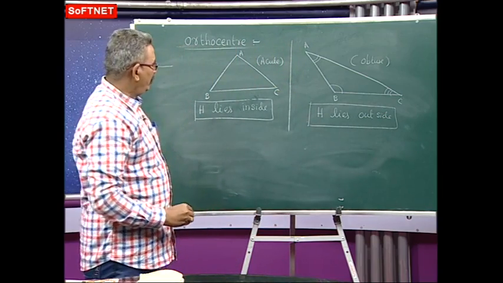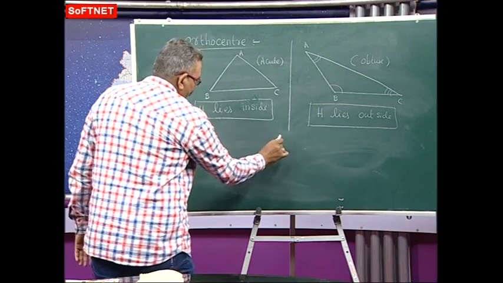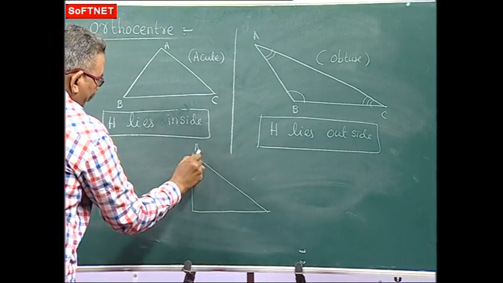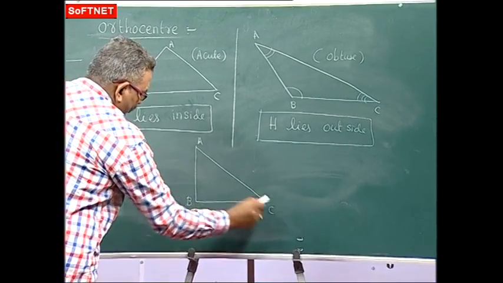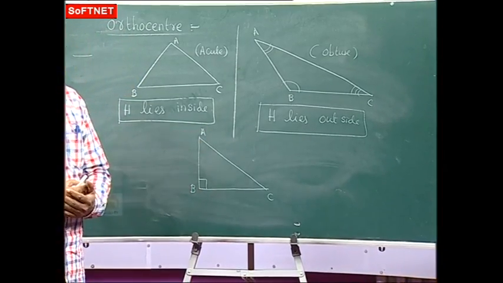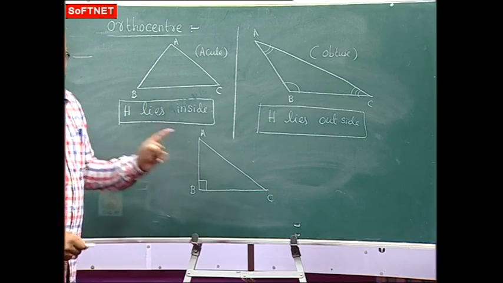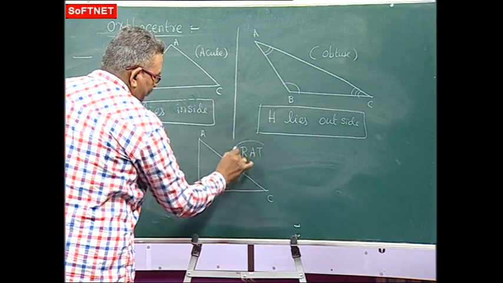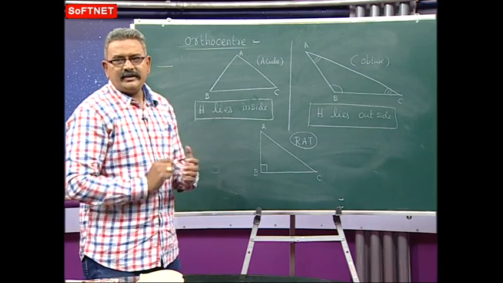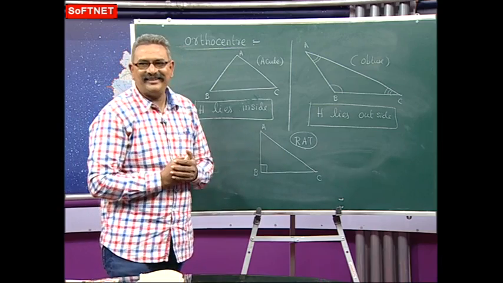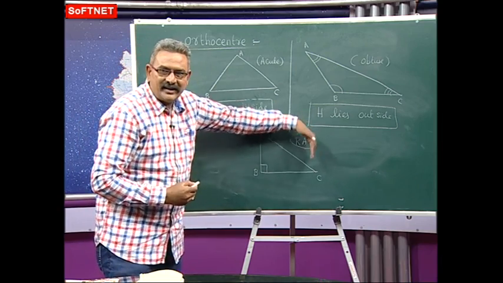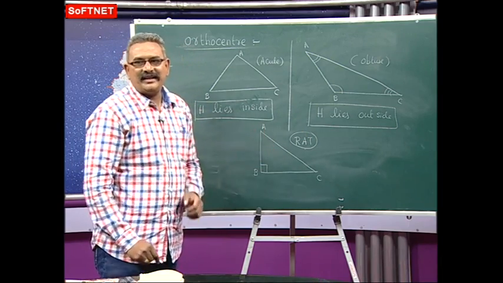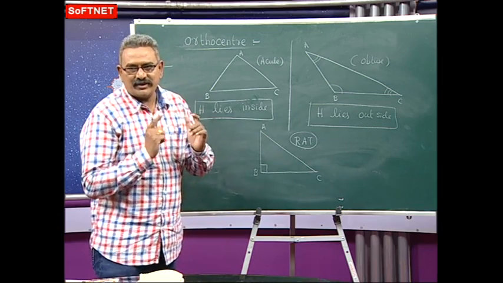Okay. Now, consider one more triangle, this type of triangle. You might have expected what kind of triangle this is. This is absolutely a right angle triangle. Since it is a right angle triangle, very interesting: always in a right angle triangle, the vertex which is opposite to the hypotenuse is nothing but the orthocenter.